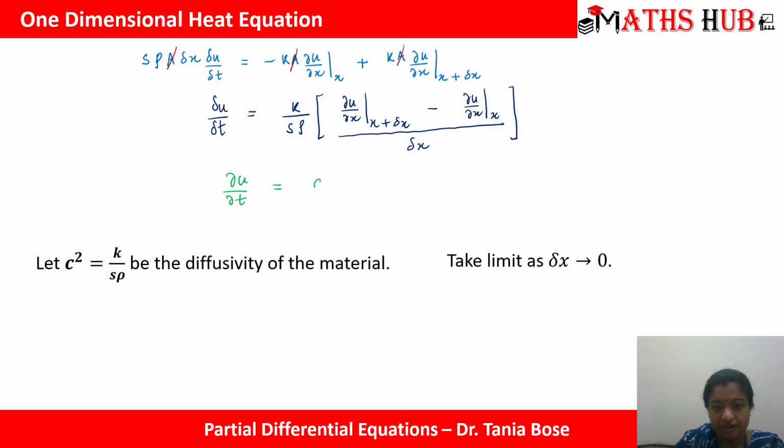This is becoming the constant C square. And what is this? This is the change of the partial derivative del U by del X with respect to X. So in the limiting case, this will change to del square U by del X square, right?